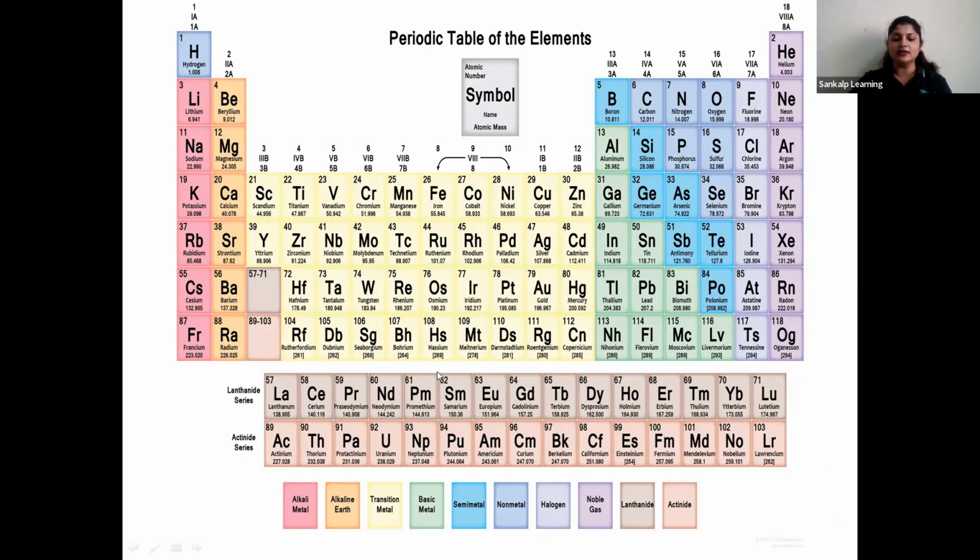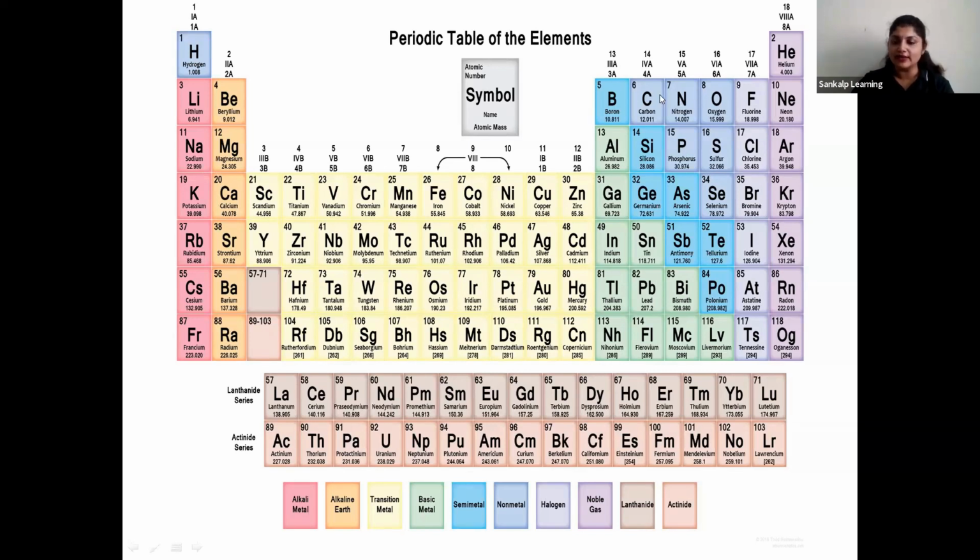But later, studies went on, and later the modern periodic table was constructed by Moseley. So Moseley is called the father of the modern periodic table. In the modern periodic table, the elements are arranged in increasing order of their atomic number.